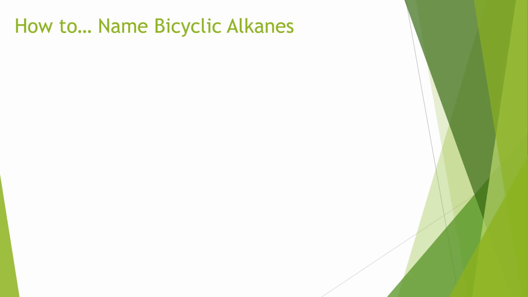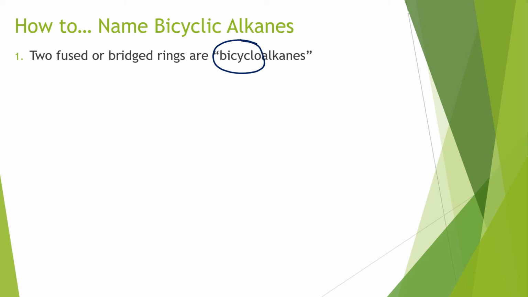So speaking of unambiguous names and trying to be straightforward, there are molecules that are called bicyclic alkanes, and generally their structures are kind of complex and the naming is a little complex, but once you have it down, it's pretty easy to do. So if you have 2 fused or bridged rings, they're called bicycloalkanes. So the bicyclo is indicating that you have 2 cyclic structures, just like a bicycle indicates that you have 2 wheels.